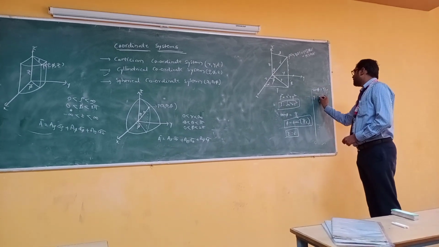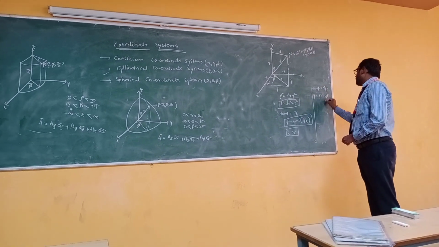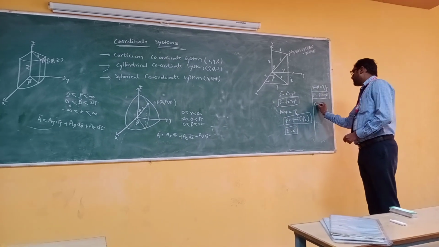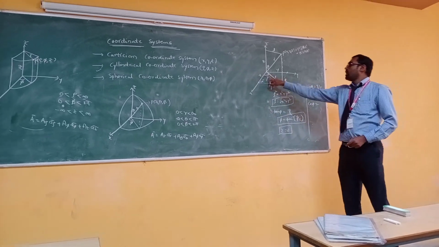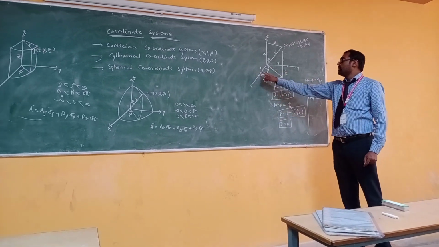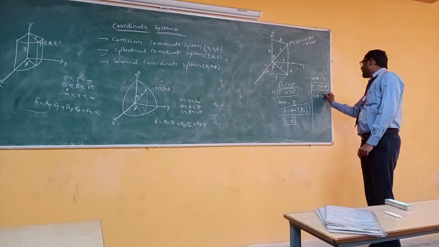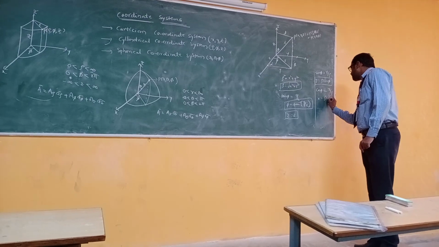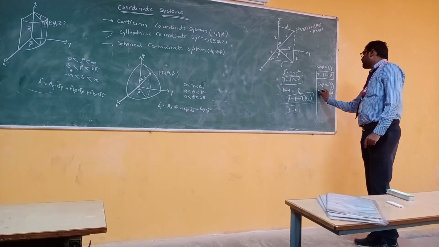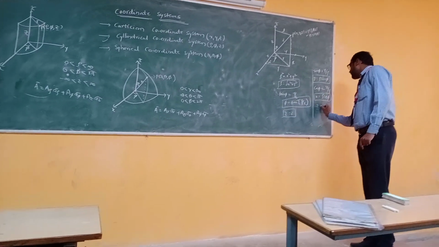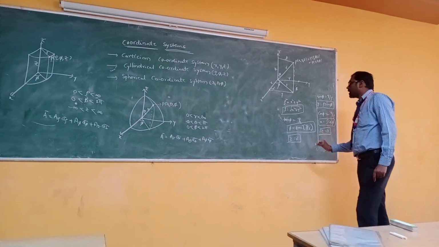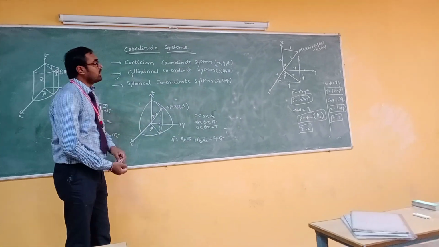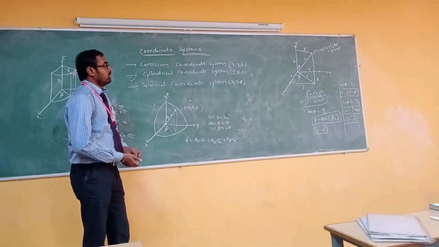Now y is equal to rho sin phi. Same as cos phi: the cos phi value is x by rho. Now x is equal to rho cos phi. And z is the same, z. This is the conversion from Cartesian coordinates into cylindrical coordinates and cylindrical to Cartesian.